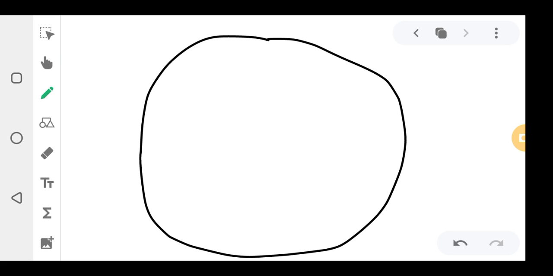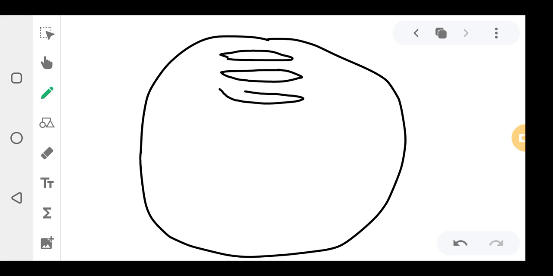So a cell has, inside, when you magnify it, this type of flattened vessels like this. What are they called? You need to know them.